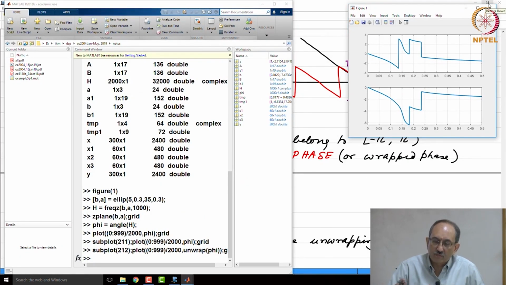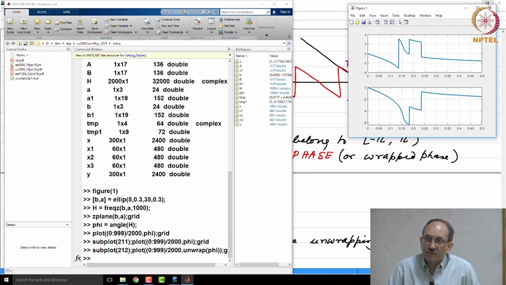As far as the signal itself is concerned, it does not matter whether you use wrapped phase or unwrapped phase, because it is e to the j phase angle. Any angle or angle modulo 2 pi does not make a difference. However, there is one area that is called Cepstral processing, and there you have to work with the unwrapped phase.